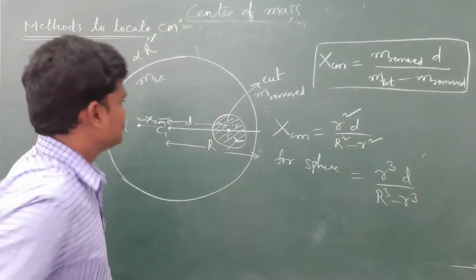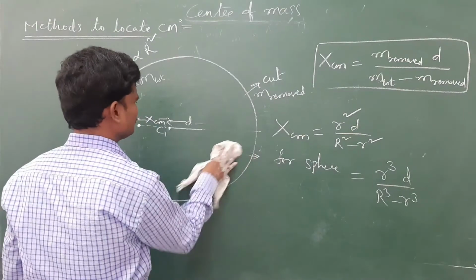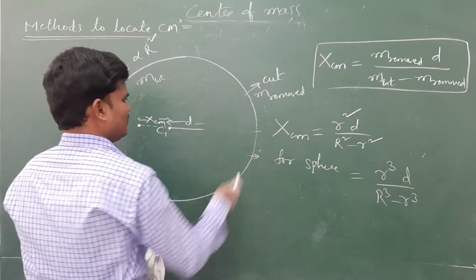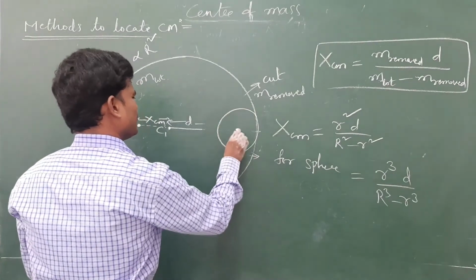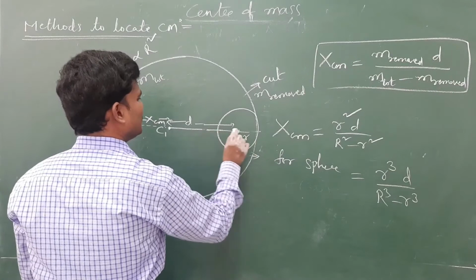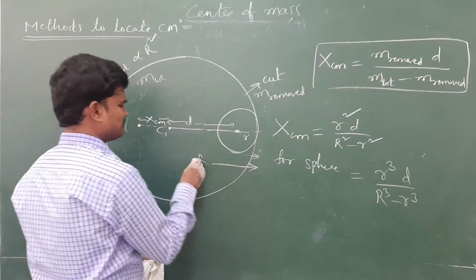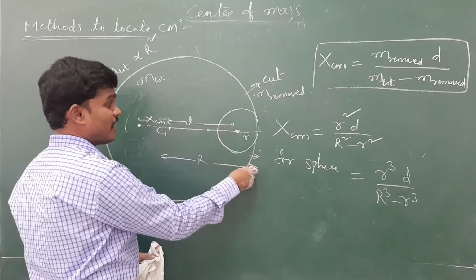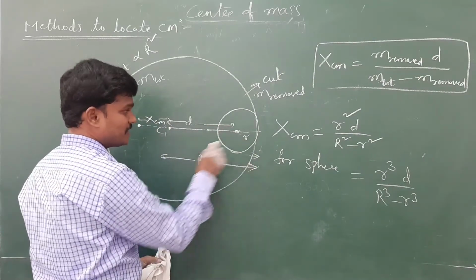Okay. Now let us suppose this part is cut at the edge. If a circular portion is cut like this, here small r, then in this case this is capital R, and d is nothing but R minus r, from here to here.